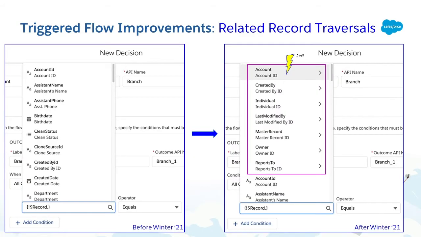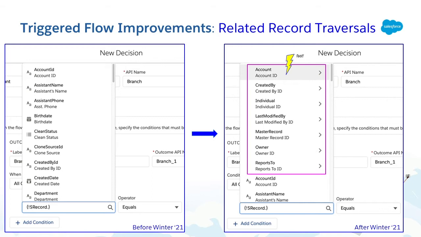And one more thing before we transition to debugging improvements. If you've played around with triggered flows, you may have noticed that unlike other kinds of flows, like screen flows or auto-launch flows, you couldn't traverse object relationships to get to data in related records using dot notation or flow's autocomplete. This was an intentional decision. The way Flow traverses and resolves those relationships behind the scenes has important performance repercussions. These repercussions are particularly important for triggered flows, which can run against batches of up to 200 records at a time.